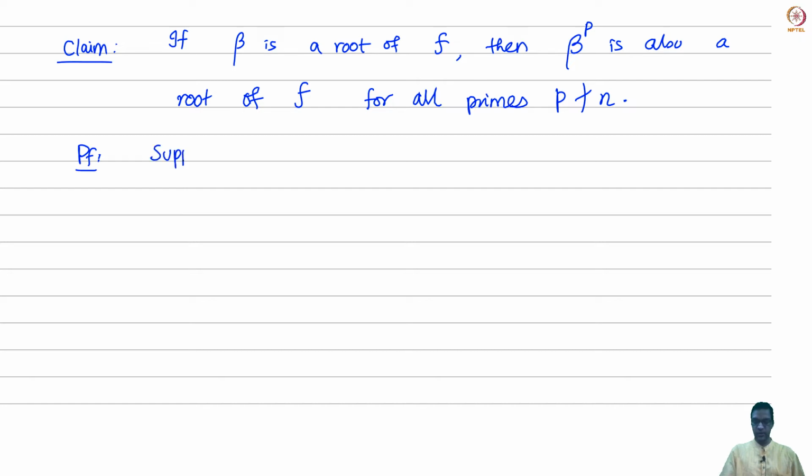Suppose not. Observe that beta to the power p is also a primitive nth root. If beta is a primitive nth root of unity and p is relatively prime to n, then beta to the power p is also a primitive nth root of unity.